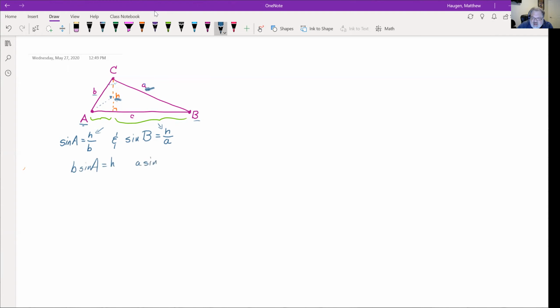Whether we know that length h or not, we know that length h has to be equal to both b times the sine of A and a times the sine of B. So if those two are both equal to the height, then they must be equal to each other. b times the sine of A has to be equal to a times the sine of B.